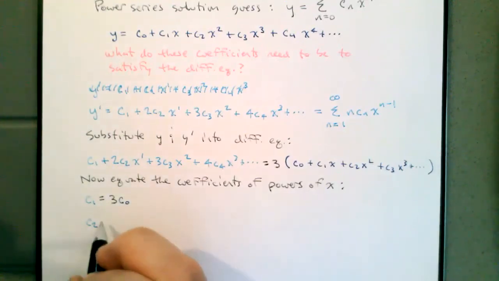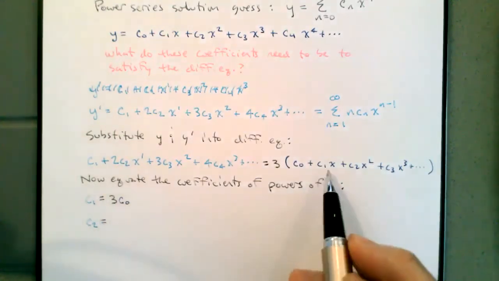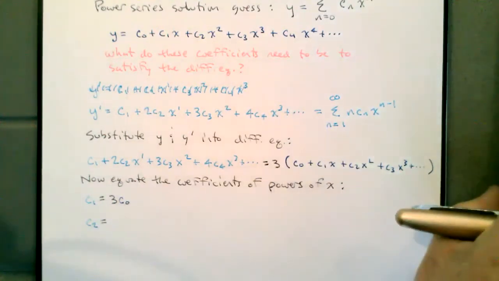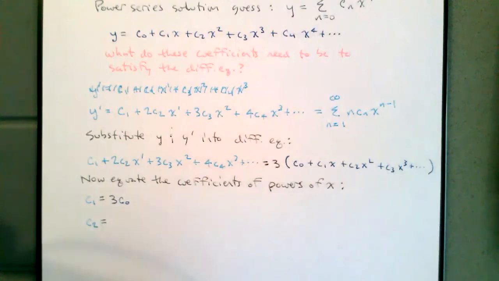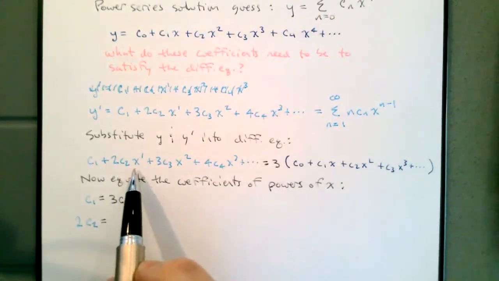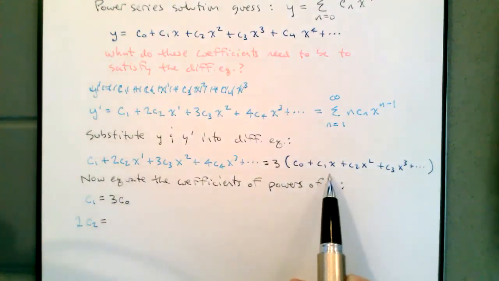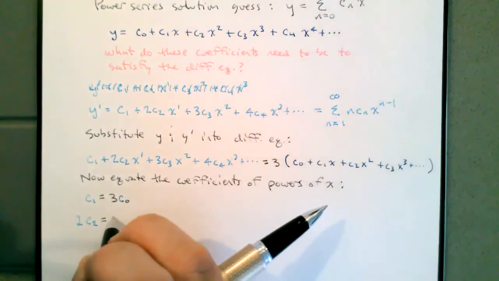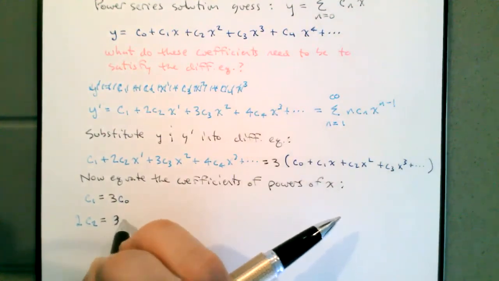The coefficient of x on the left, 2c2, is equal to the coefficient of x on the right, 3c1. Sorry, I forgot I wanted to write the whole thing.